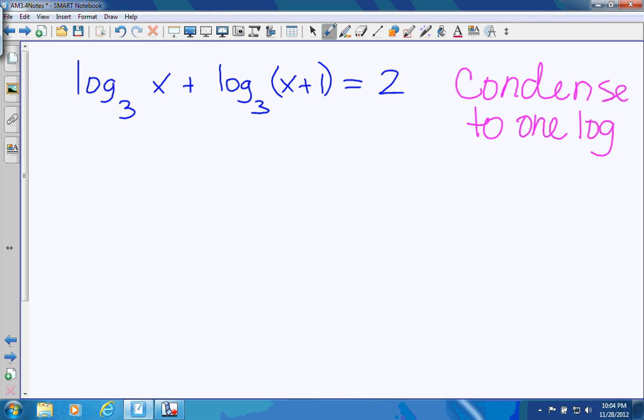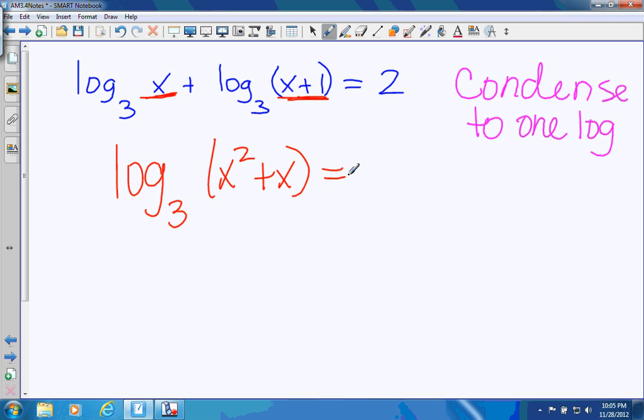And so, by our properties of logarithms, if you're adding, that means you multiply, so you would have log base 3 of x squared plus x, because you have to multiply those two things together, and that would equal 2. And then from our understanding of logarithms, 3 becomes our base, 2 becomes our exponent, and x squared plus x is what it has to equal.